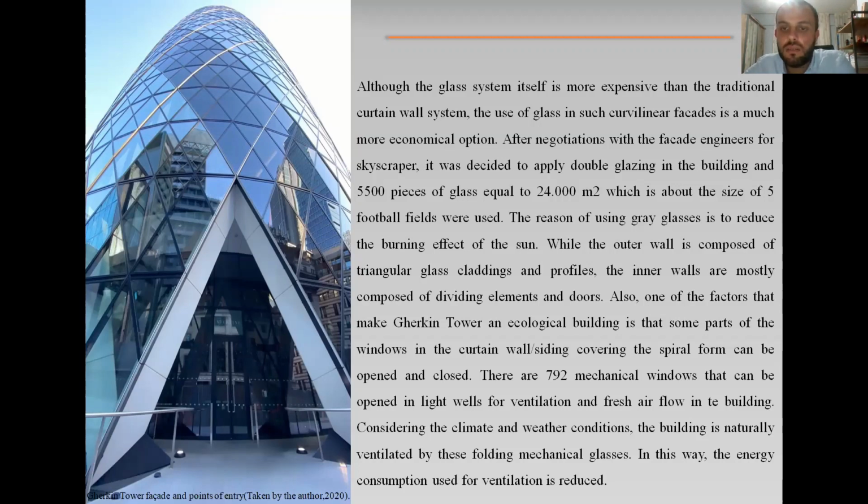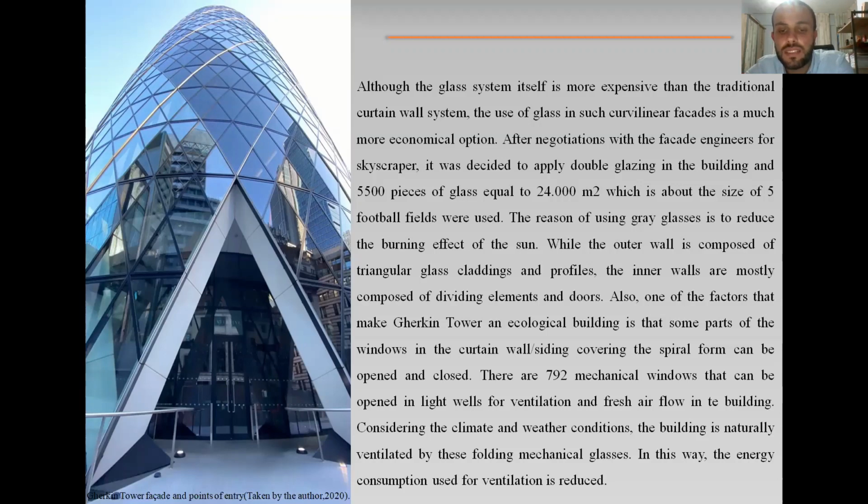Also, one of the factors that make Gherkin Tower an ecological building is that some parts of the windows in the curtain wall siding covering the spiral form can be opened and closed. There are 792 mechanical windows that can be opened in the light wells for ventilation and fresh airflow in the building.